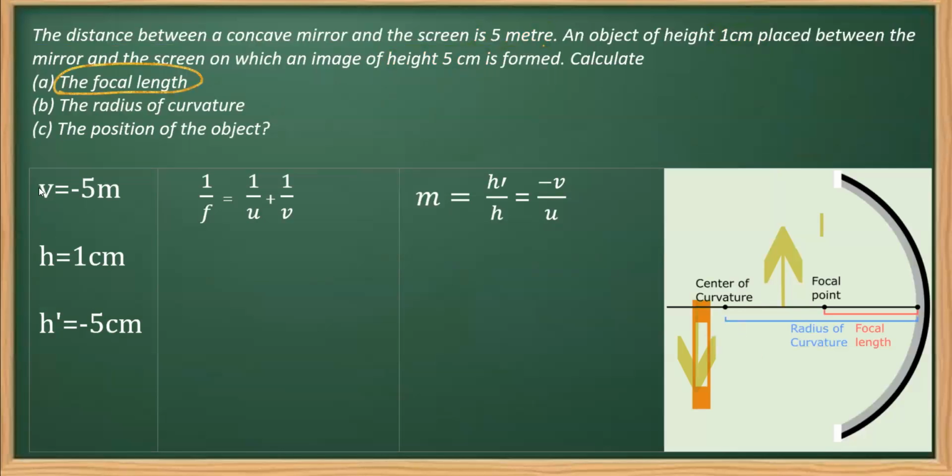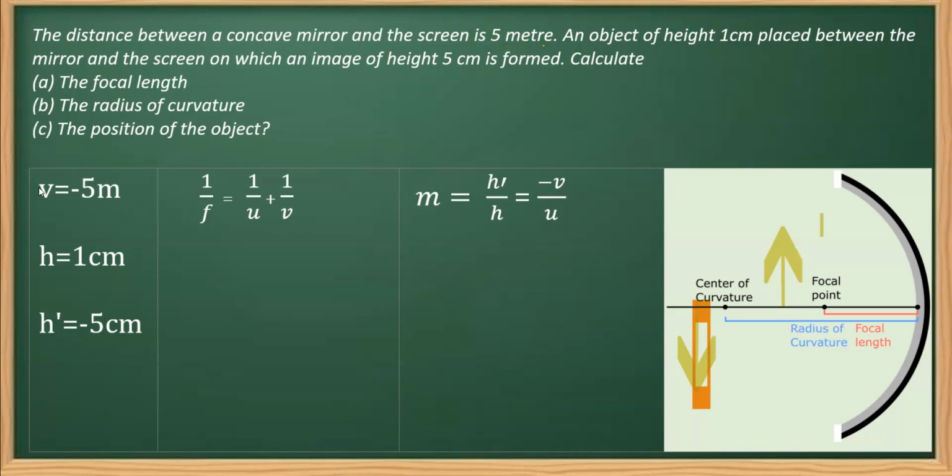In order to get the focal length, we'll be applying the mirror formula. But in order to get f, we must know u as well as v. We know v here, we don't know u. That means first we will get the value of u, using the relation between h dash, v and u.